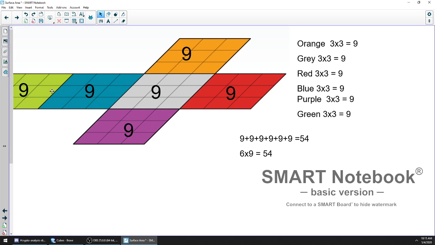So what should I do with all these 9s? Yep, I should add them up. And if I do, I get 54. Another way, specifically for cubes, because I know there's 6 of the same one, I can just do 6 times 9 equals 54.